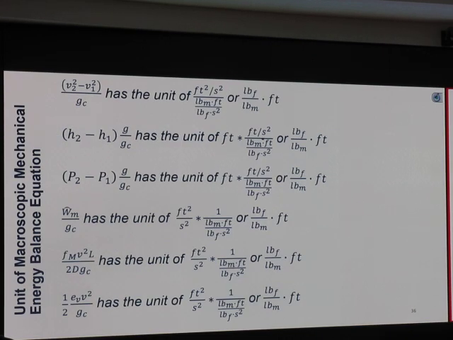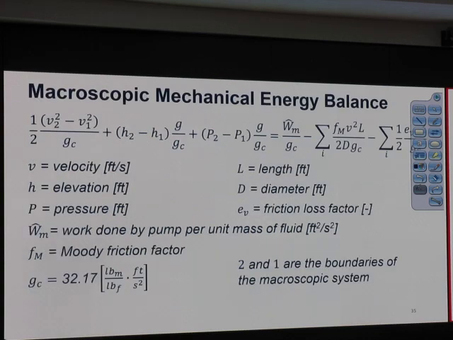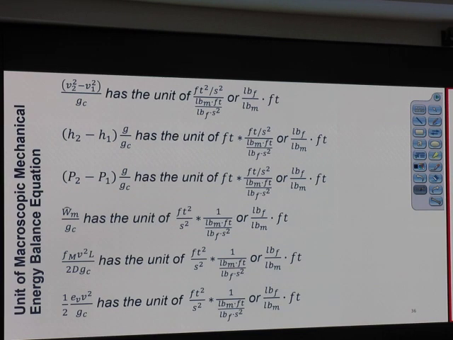Let's take a look at the unit one by one. V square is feet square per second square. Good, that is V square. G sub C is pound mass foot per pound force second square. So I put it over here. That is G sub C. And we have second square over second square.